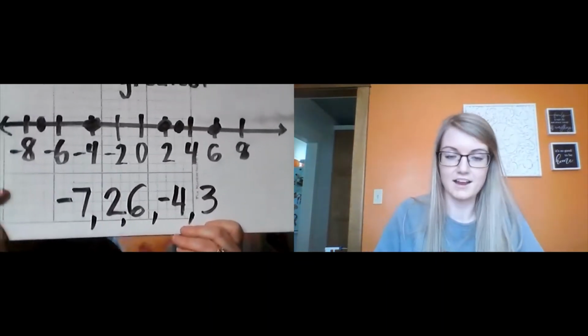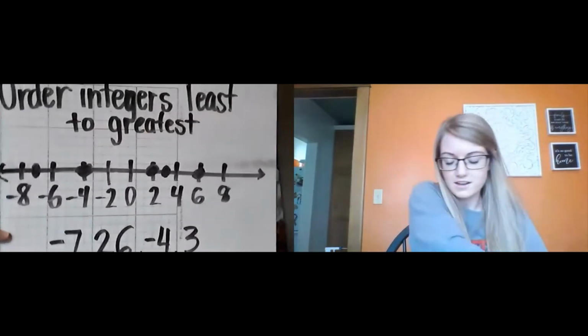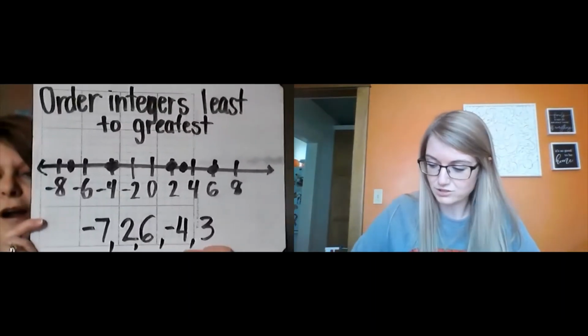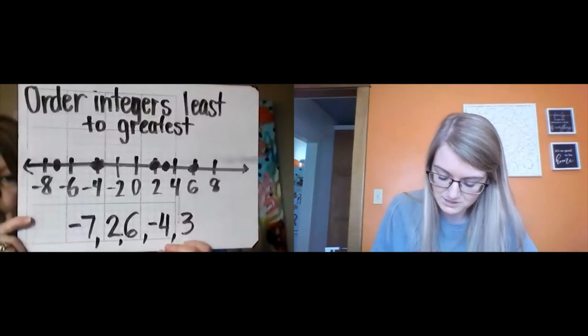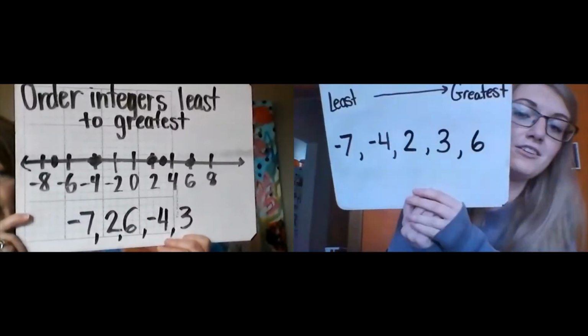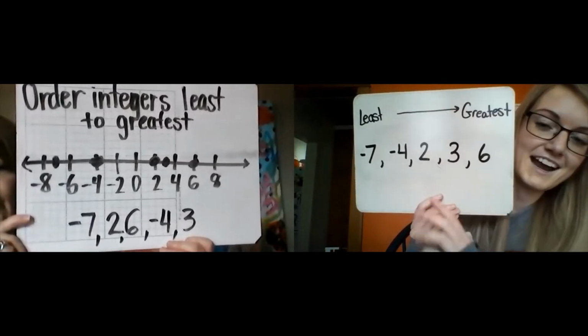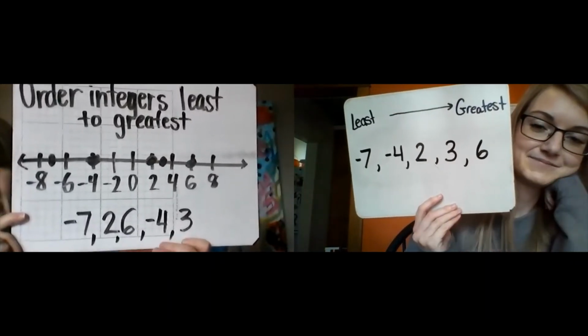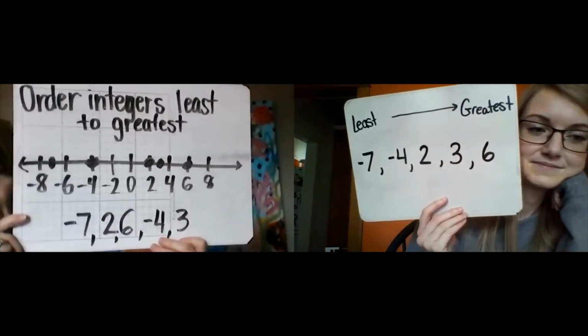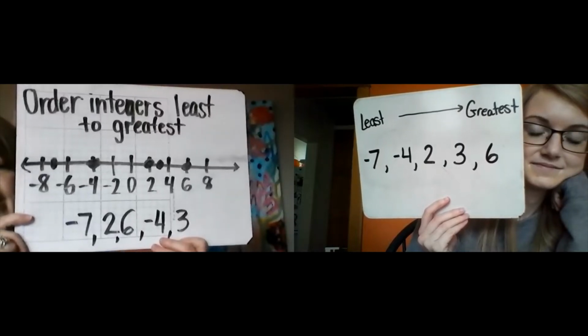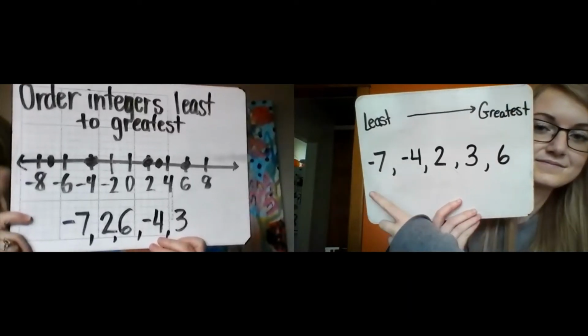Mrs. Zimmerman, when you get done writing that answer, will you please show us your work? Absolutely, except I got to redo my 6. It was just terrible. Okay, now you should be able to read it. Love it. Least to greatest. Now, what confuses people, will you point to the -7 and the -4?